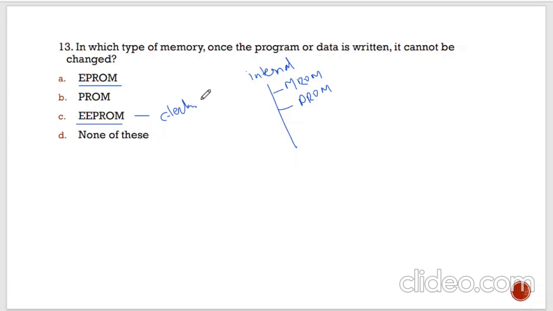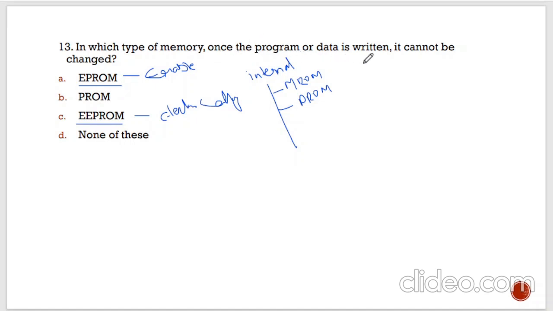In EPROM, erasable is not electrically, just directly erasable. As the name suggests, erasable and programmable. Here, as the name says, electrically erasable programmable read-only memory. Here in PROM, only programmable. So what is the question asking here?